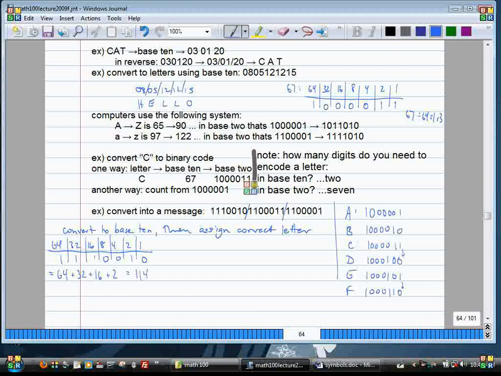So 114 minus 96 is 18. So what letter is 18? The 18th letter.